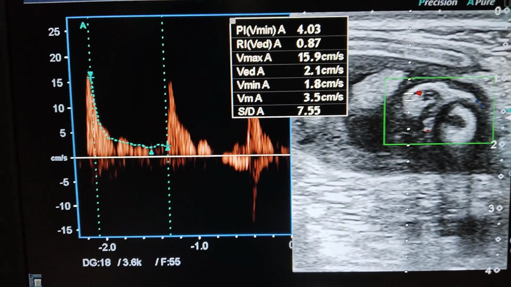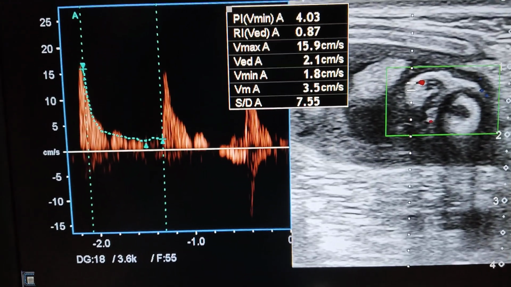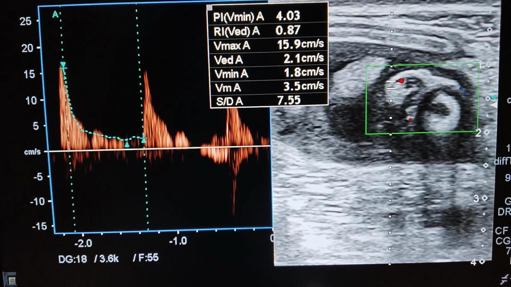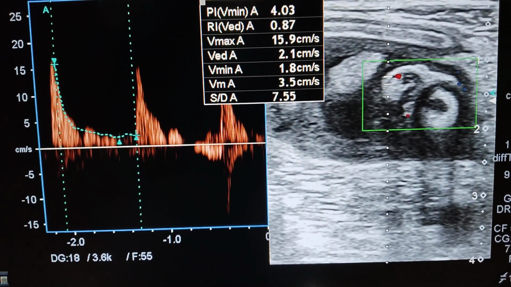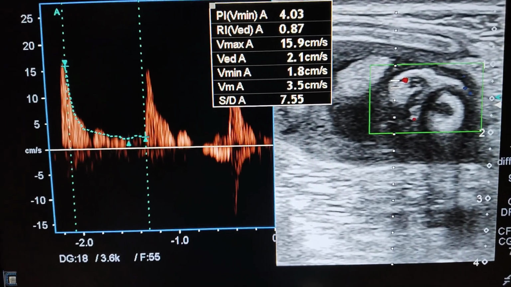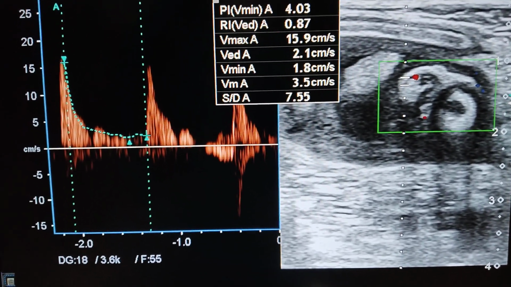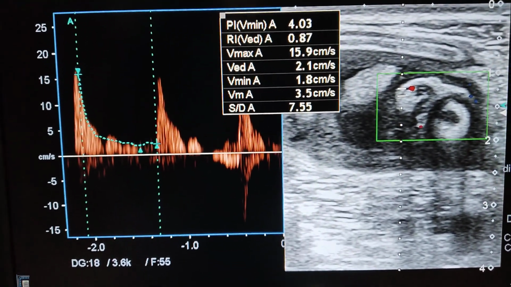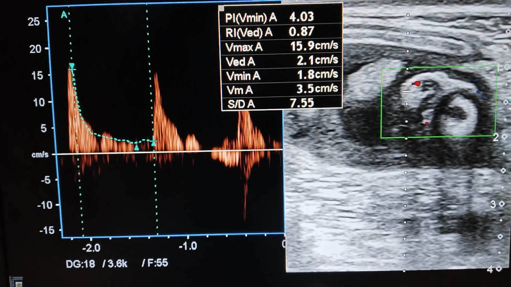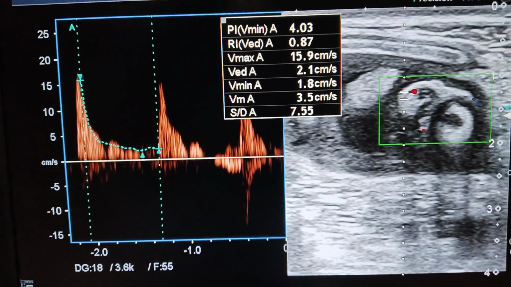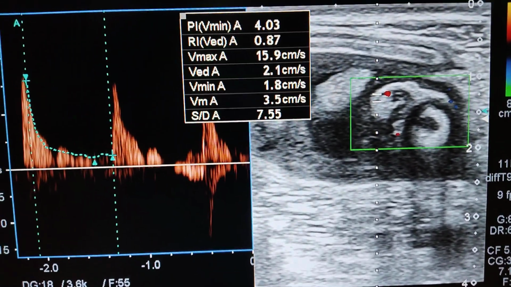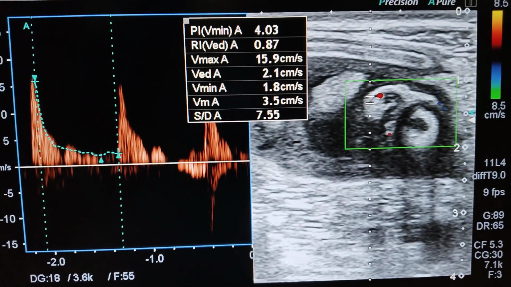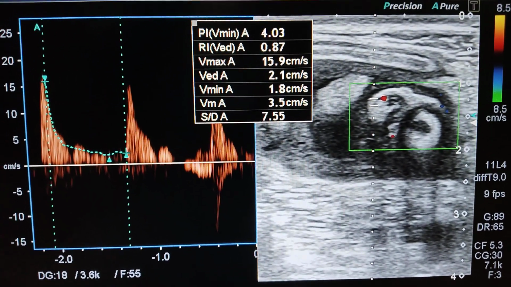It is 0.87. So we can appreciate that during appendicitis, due to the edema and inflammation, there is a greater resistance to the flow of the appendicular artery, resulting in the increased Doppler indices.